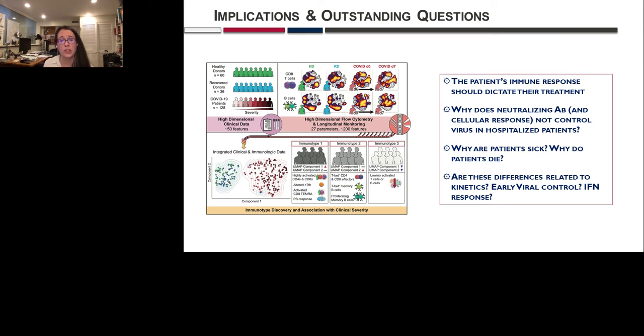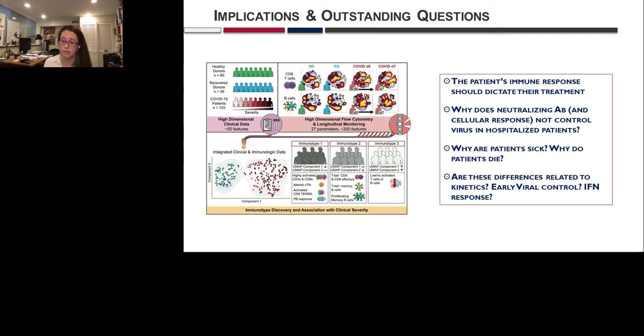A second major question is, a lot of these hospitalized COVID-19 patients are making neutralizing antibody, and yet they're really sick. And so we need to understand why that neutralizing antibody is not able to control the virus in these patients. The third question is what I just brought up, which is why are these patients really so sick? Is it immune pathology?